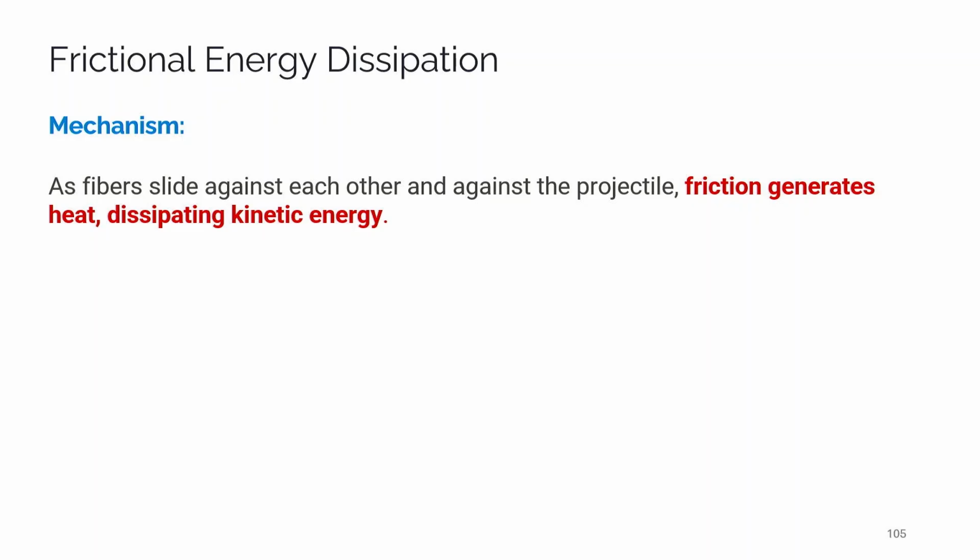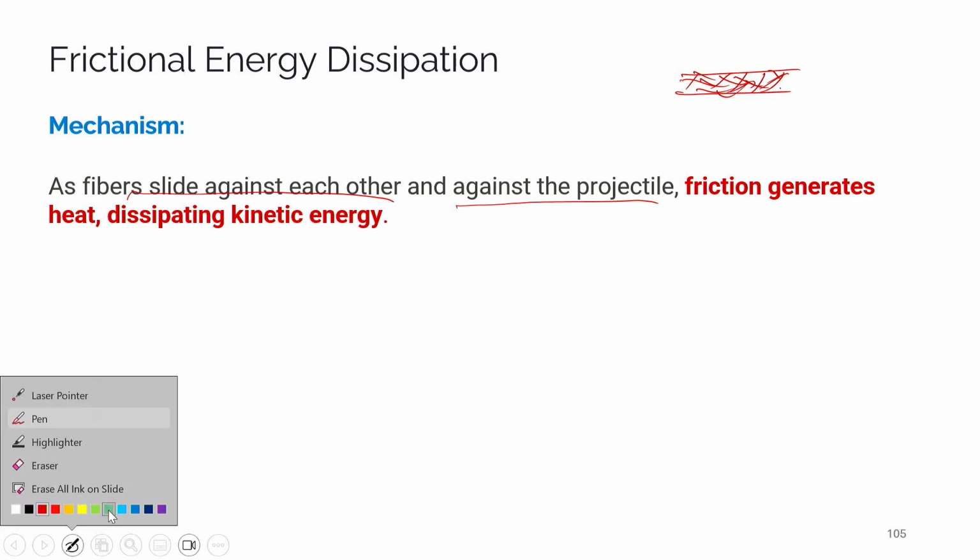So, fibers or yarns slide against each other and against the projectile. Suppose this is a textile structure, and the projectile hits here at this point.